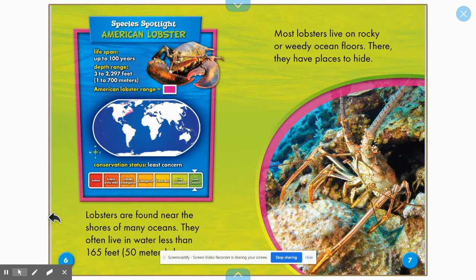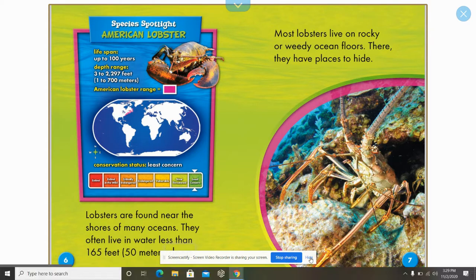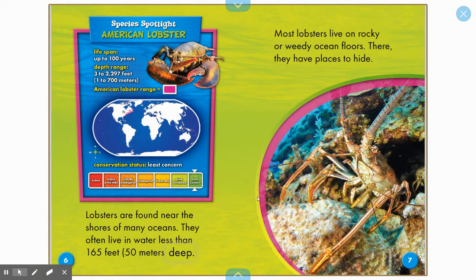Lobsters are found near the shores of many oceans. They often live in water less than 160 feet or 50 meters deep. Most lobsters live on rocky or weedy ocean floors. There, they have places to hide. On this page, I see a new text feature.